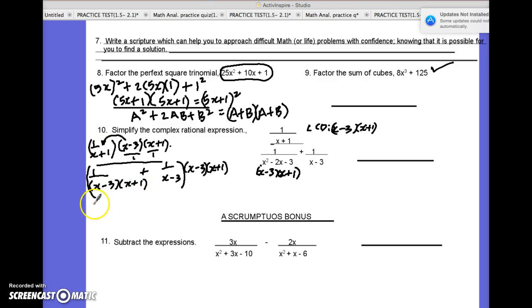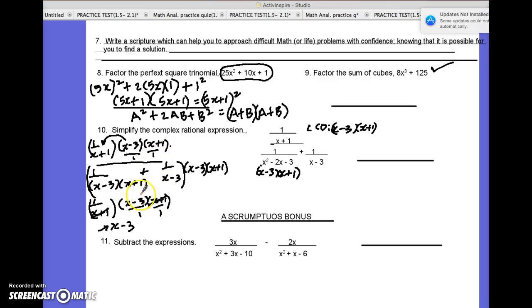So this becomes 1 over x plus 1 times the LCD, which is going to be x minus 3 times x plus 1. Let's just work this out first. The x plus 1 will cancel the x plus 1. So what survives from this part is going to be x minus 3. Okay, so we'll come back to that.